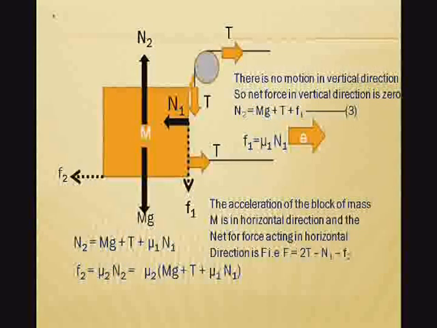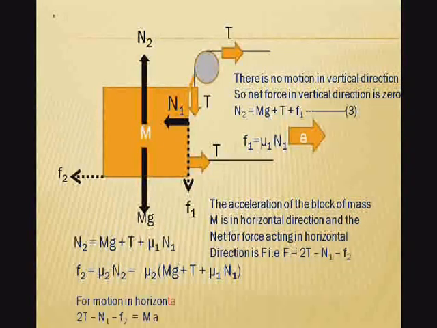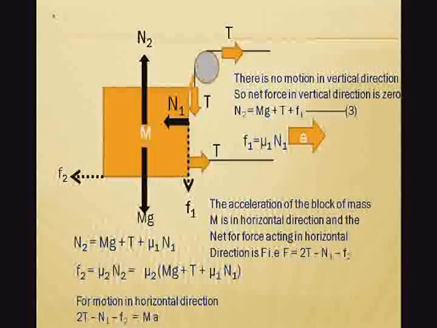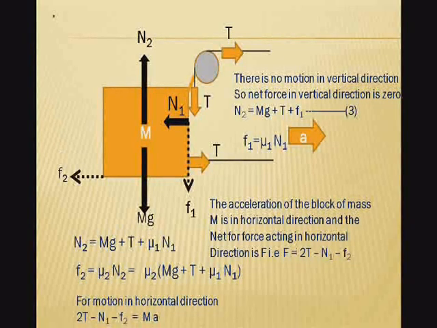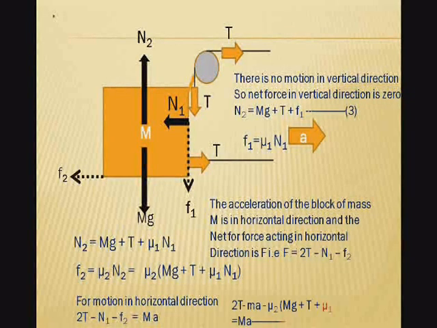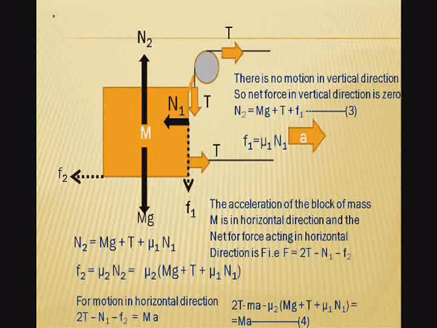So the net force in the horizontal direction, or in the direction of acceleration, is 2T minus N1 minus F2, and F is equal to Ma. So for horizontal motion, the net force 2T minus N1 minus F2 is equal to Ma. So on substituting the value of F2 as mu2 N2, we got our equation number 4.